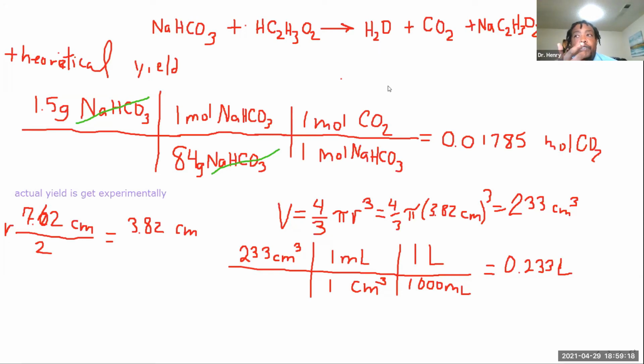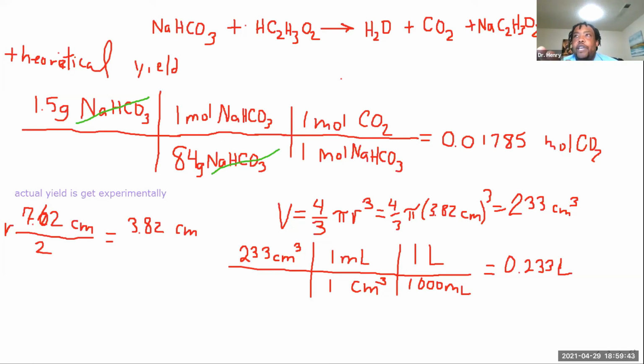If it was a 1-to-2 ratio, then we would have to put 2 up here, and then it would be twice the amount that we would produce. Does that make sense? So it would be the number of sodium bicarb times 2. Now, this is not the case here, okay?